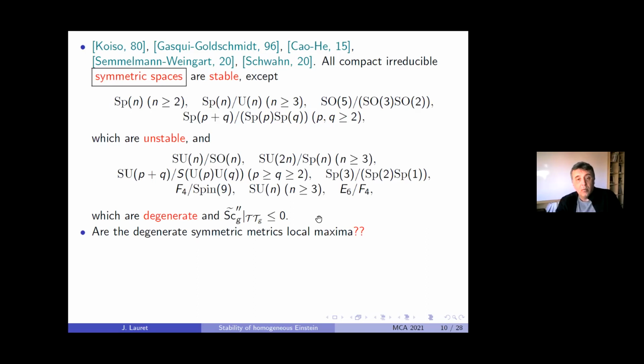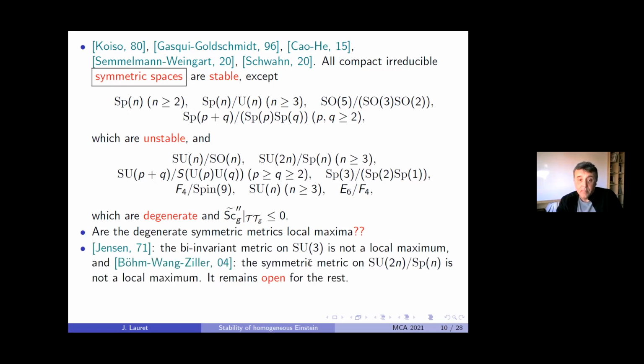In this degenerate case, you have the same problem as in calculus. When the Hessian is non-positive, you cannot conclude whether it's a local maximum or not, right? It's the same thing. Well, we don't know, except for this SU(3) in dimension 8 and this SU(2n) over Sp(n), which is here.